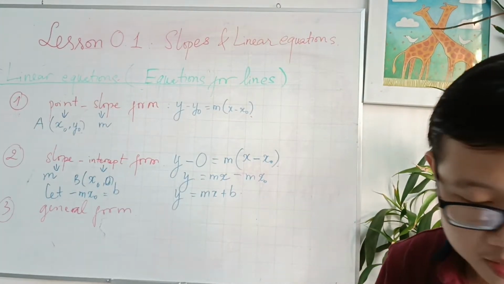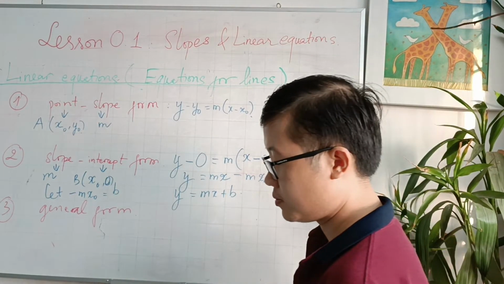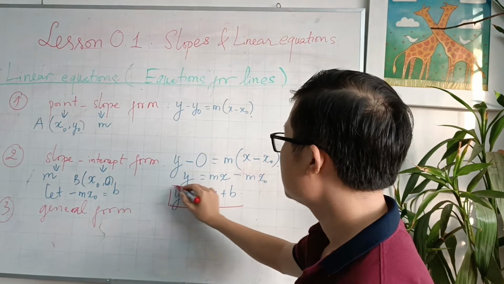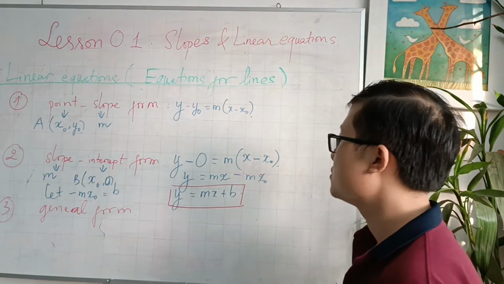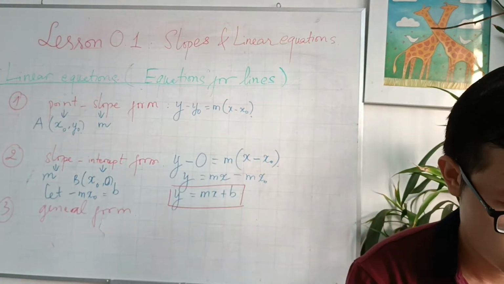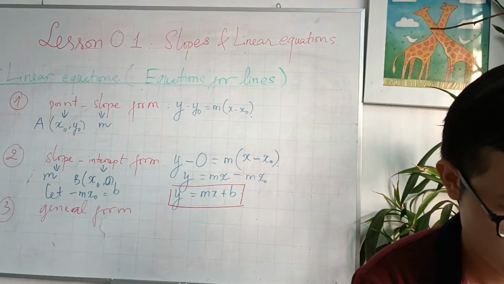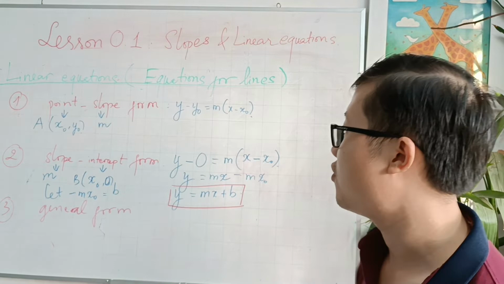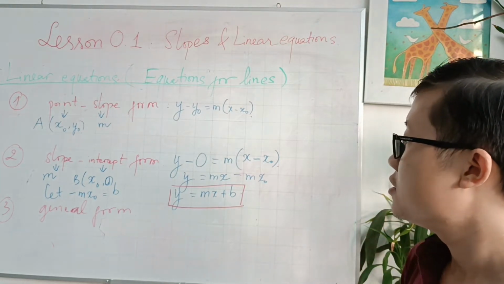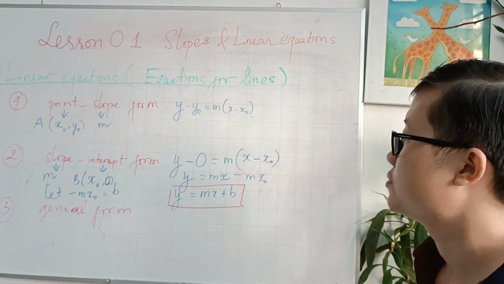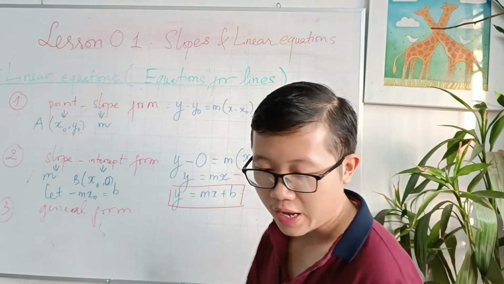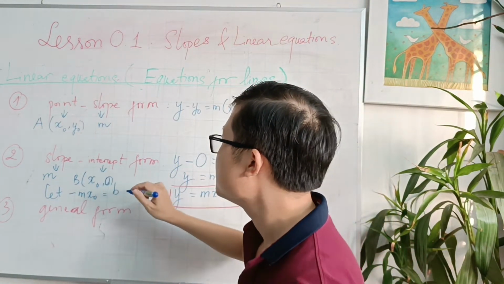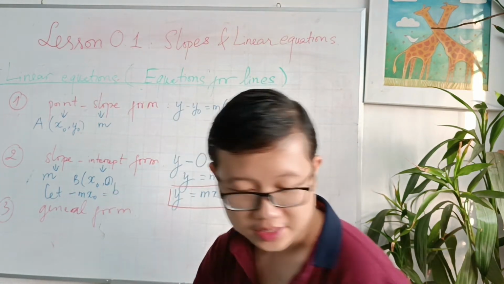Here is the slope-intercept form. So I will express this formula with the intercept. b is the intercept.